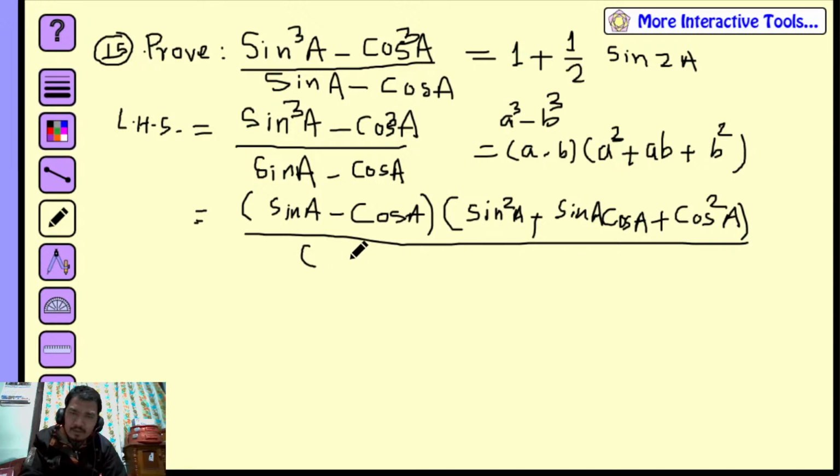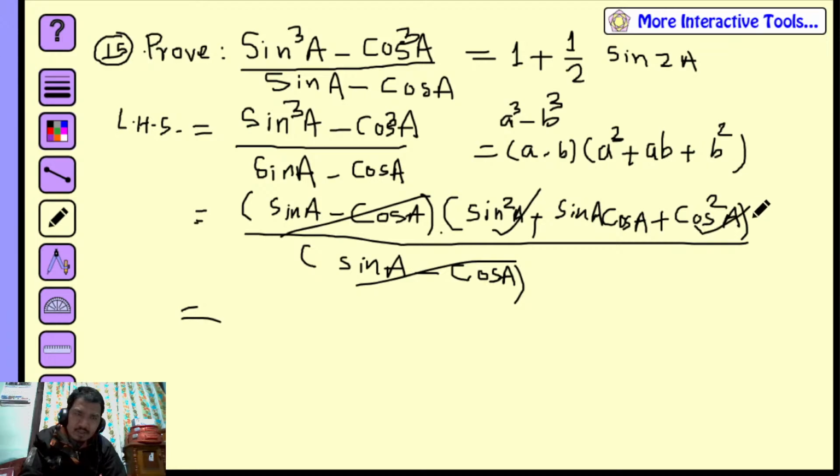Down there is already sine A minus cos A, and here is multiplication, then we can cancel this and this. Then what is remaining here? We know sine square A plus cos square A will be 1.